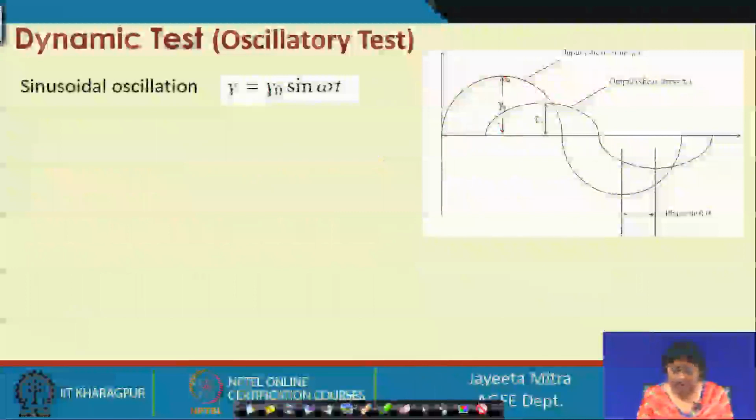So, gamma 0 is the magnitude, the maximum point, and with respect to the different omega, it is being changed following the sinusoidal pattern. So, this is the shear strain that we applied, and then what the stress will be to maintain that strain, that will be analyzed.